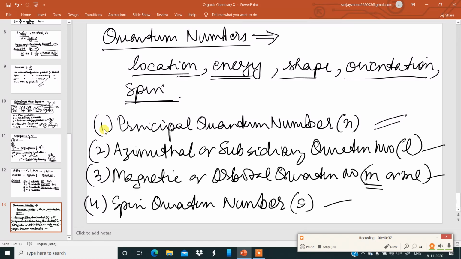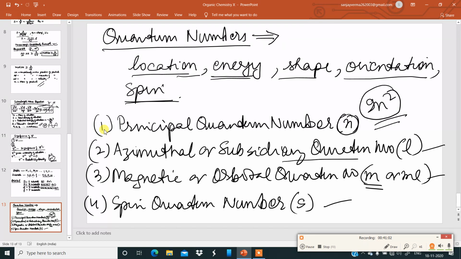Higher the value of n, greater is the distance of the shell from the nucleus. Okay, so that is the important information provided by the principal quantum number. You have to remember a formula over here, 2n square, which I will be discussing later on again.